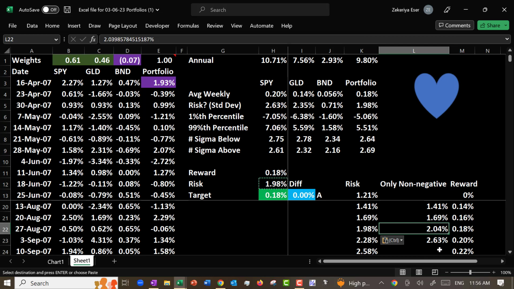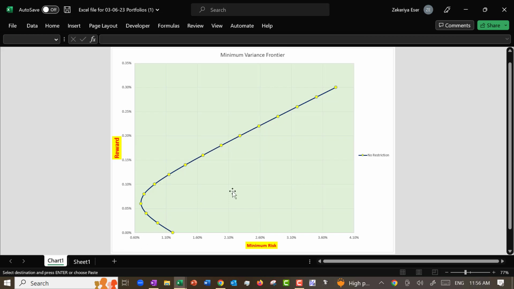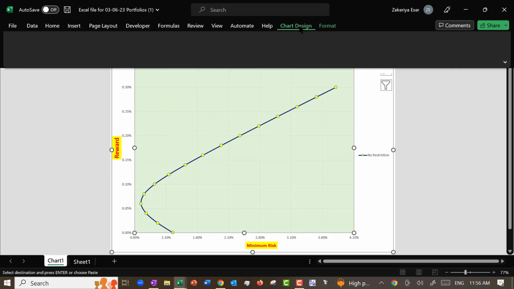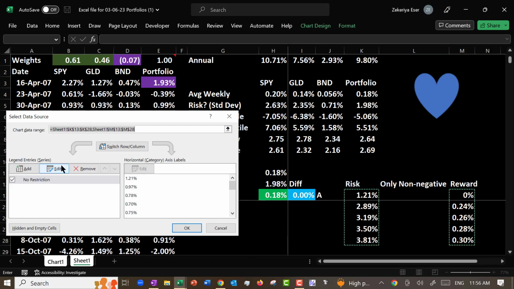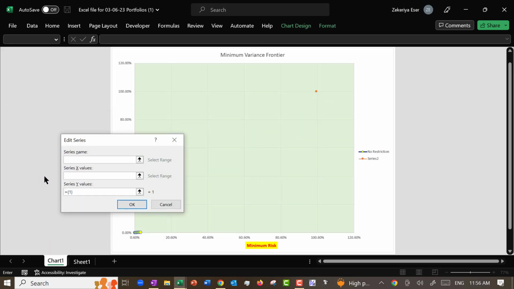Now I want to add more data to this chart. Click on the chart, chart design, select data. We're going to add a series.